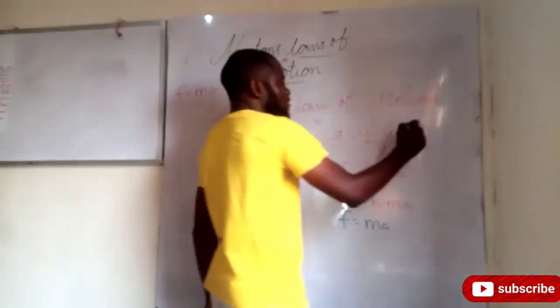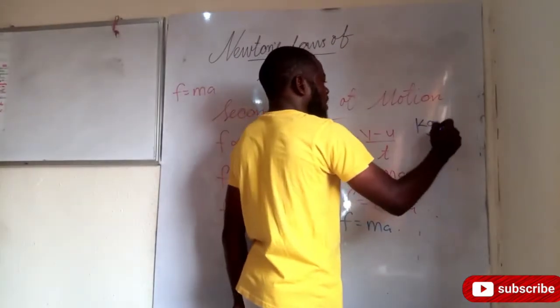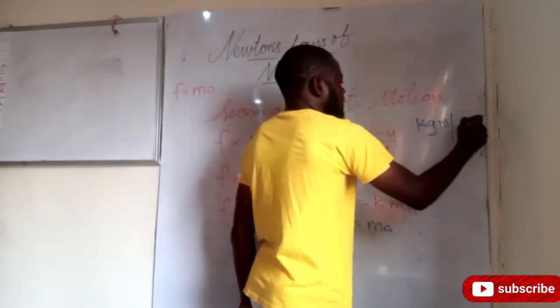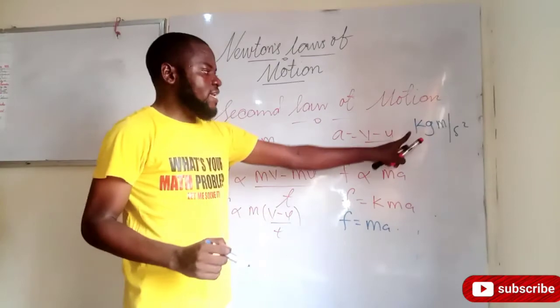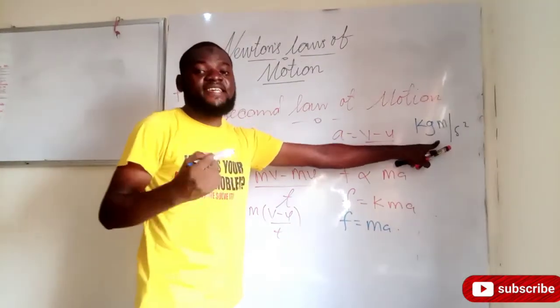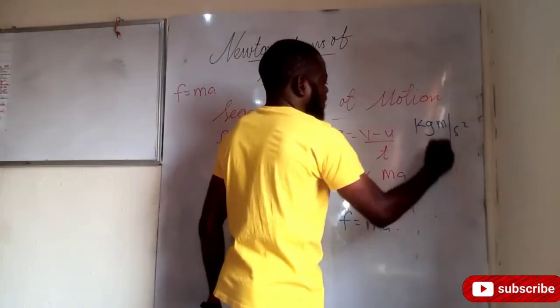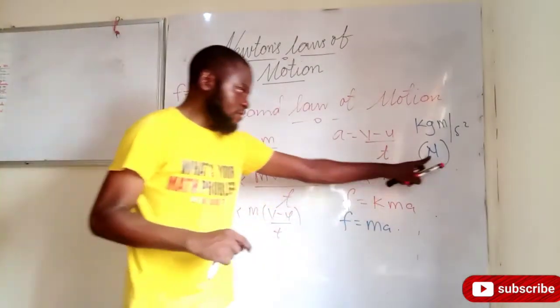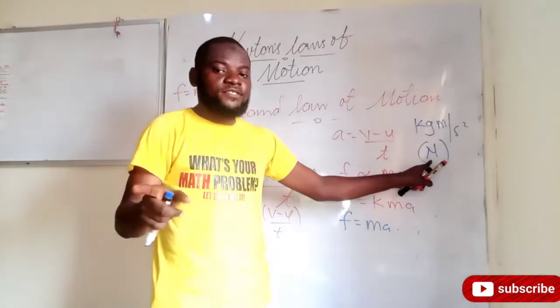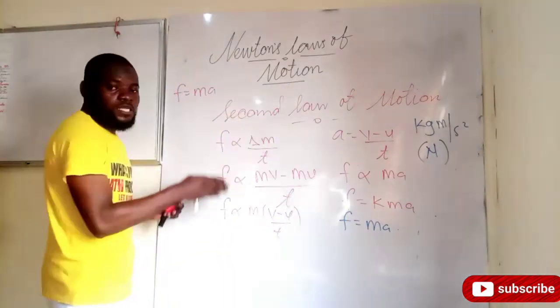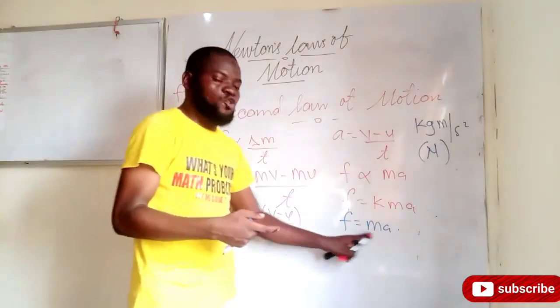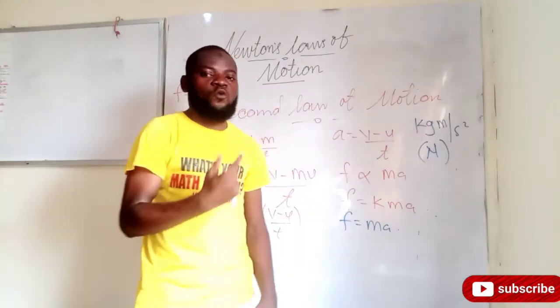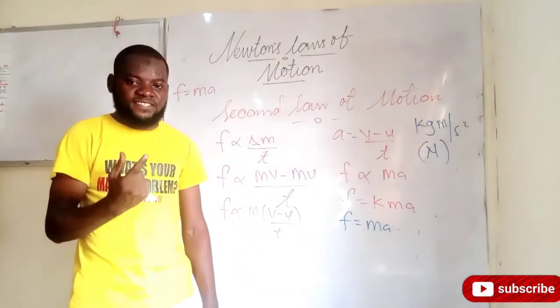We have the unit of force to be kilogram meter per second squared. This kilogram meter per second squared is equivalent to Newton, in honor of Sir Isaac Newton. Newton is a derived unit. We use it to honor the person that propounded the law that we are able to use to measure the value of force. Do we understand that now?